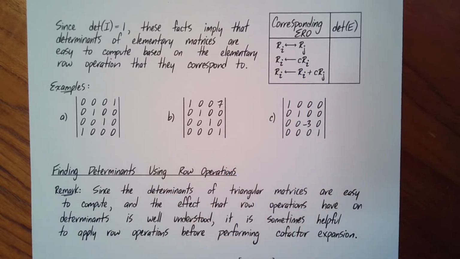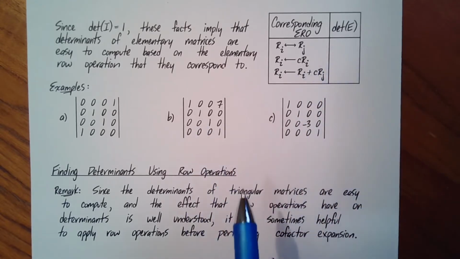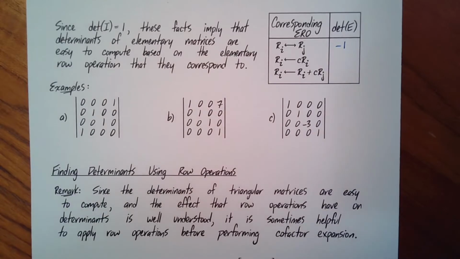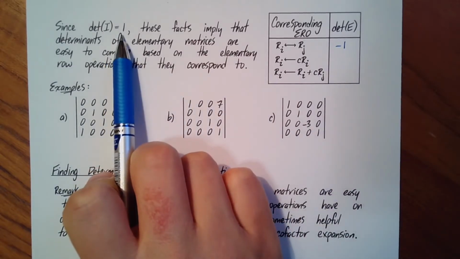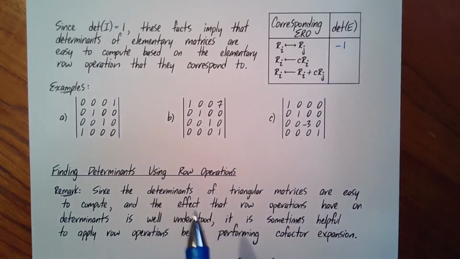It changes its sign, by a factor of -1. So if you can obtain a matrix E from the identity matrix by interchanging two rows, its determinant must be -1, because it's exactly -1 times whatever the determinant of the identity is, which is 1. So -1 times 1 gives you -1. That's why I can put that there.